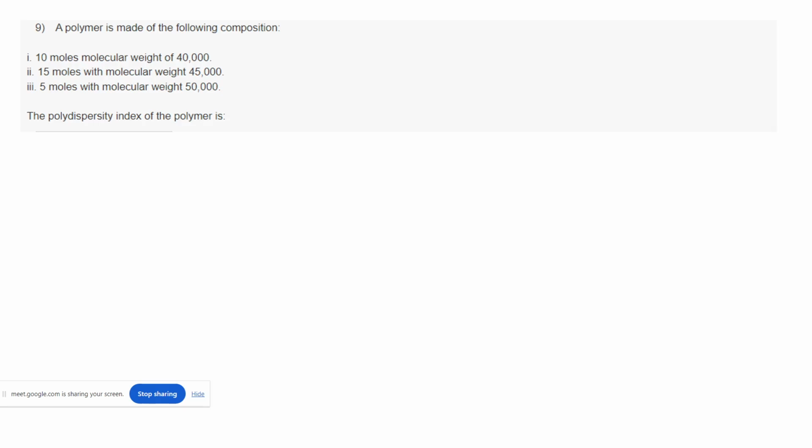Okay, so here's the next question. A polymer is made of the following composition: 10 moles of molecular weight 40,000, 15 moles with molecular weight of 45,000, 5 moles with molecular weight of 50,000. The PDI, polydispersity index of the polymer, is?